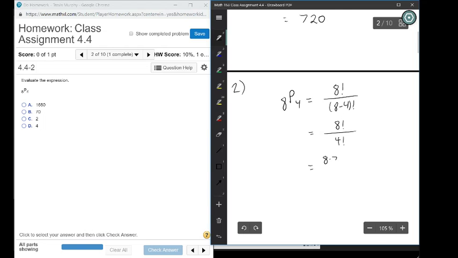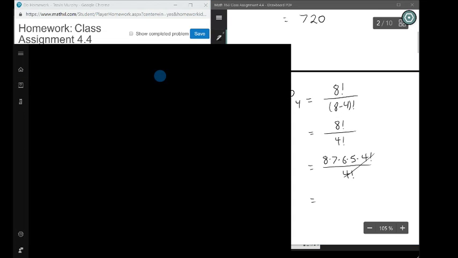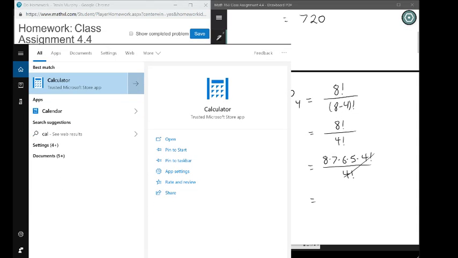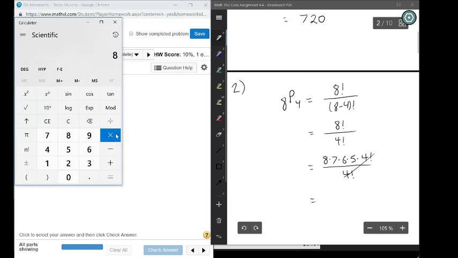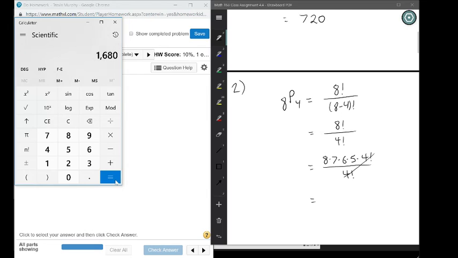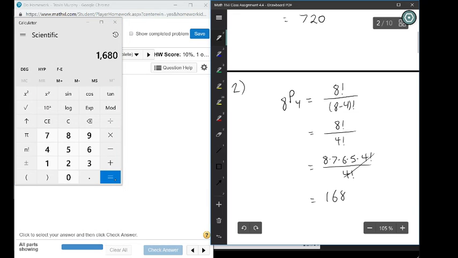So 8 times 7 times 6 times 5 times 4 factorial, all over 4 factorial. Cancels. And then that will be 8 times 7 times 6 times 5, which is 1,680.